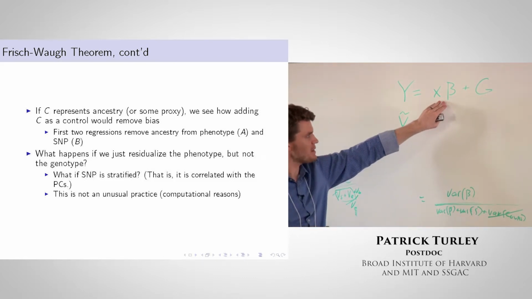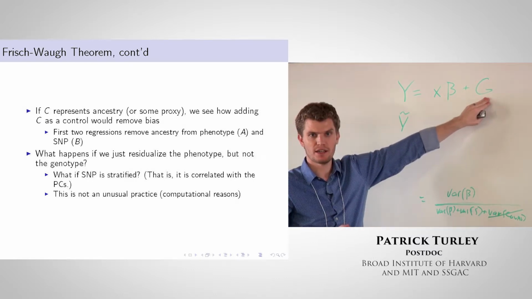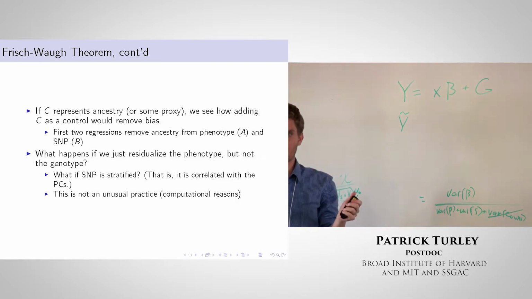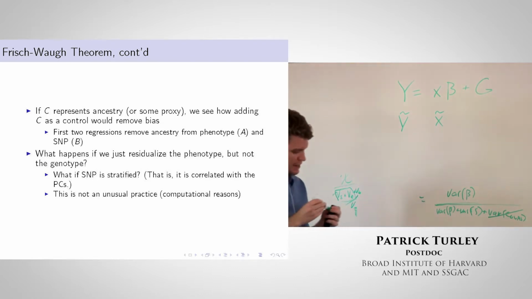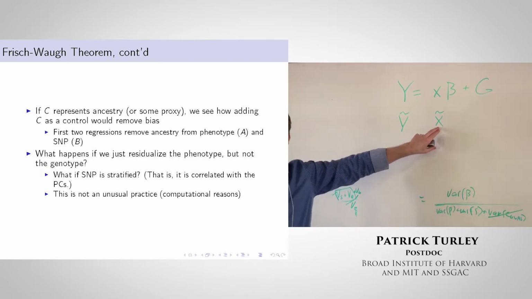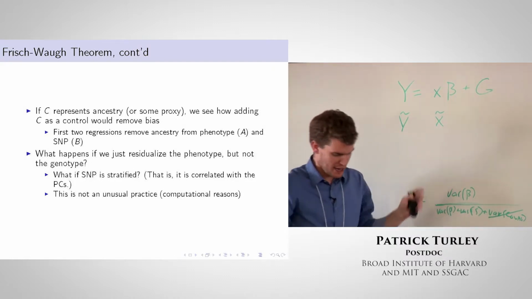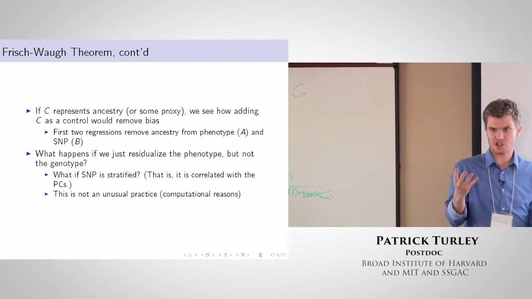Same thing when we regress the genotype on g. What we have left when we're done there are SNPs that don't contain any information about a person's ancestry. So x tilde is kind of an ancestry-free genotype. Now when we regress this onto this, recall that there were two sources of bias due to stratification.